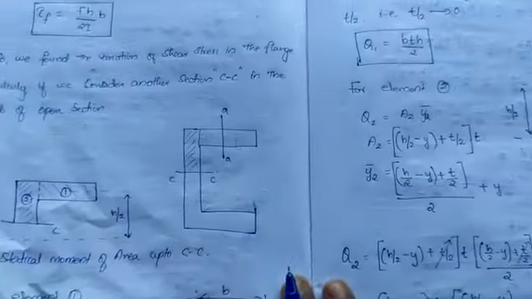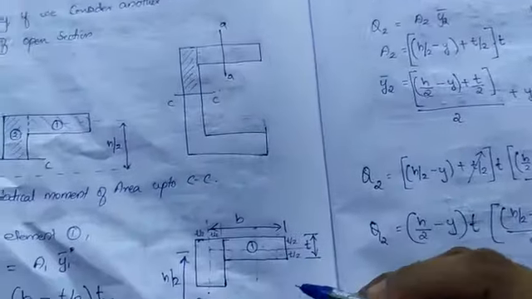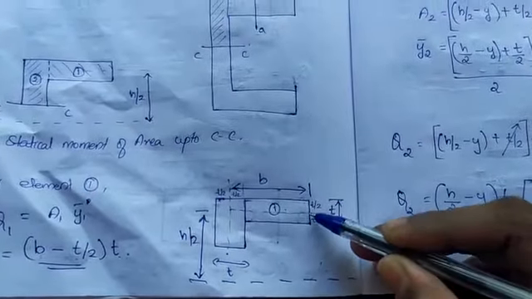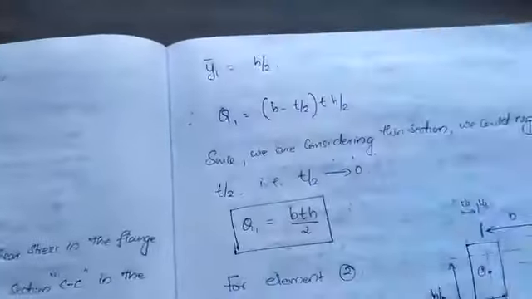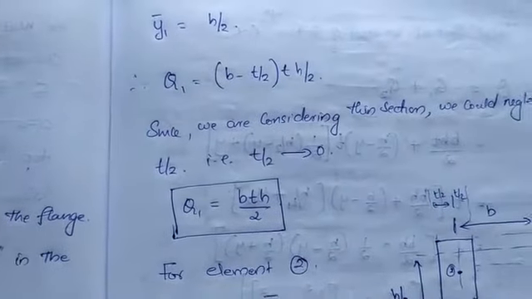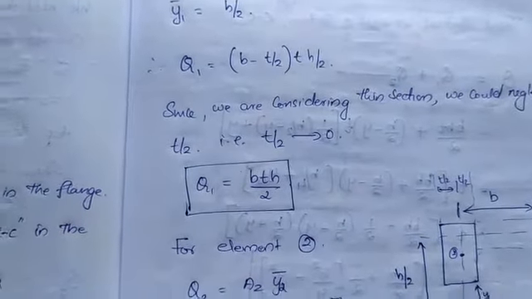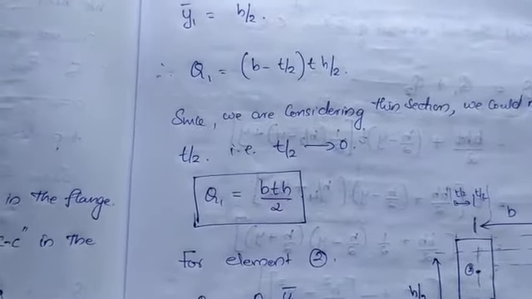Now y bar will be from this point to this point, that is h by 2. So Q1 is b minus t by 2 into t into h by 2.